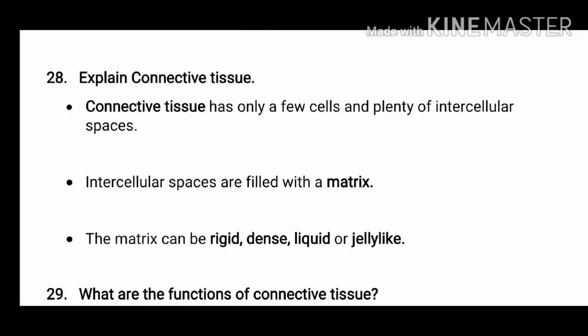We have many organs in our body, so this connective tissue proper surrounds the organs and supports them. Next point, it connects muscles with bones and one bone to another. So this tissue connects muscles with bones and also one bone with another bone. Next question, what are the types of connective tissue proper? Areolar tissue, adipose tissue, tendon and ligament.